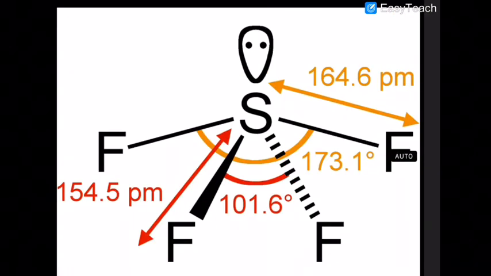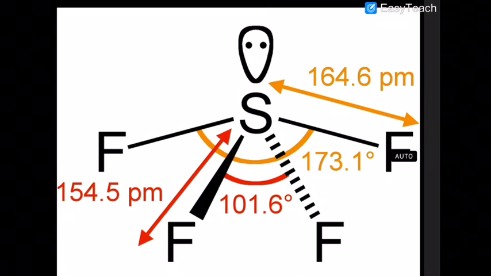Now look at the positioning here. Now the positioning is very clear. The FSF bond angle in this case will not be equal to 120 but equal to 101.6 degrees.